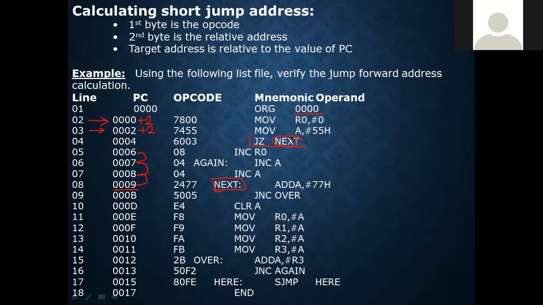So in the program, that will be written as JZ next, and here in the output section, you can see this 03 is located. Okay, because of this one. Clear? Or any questions? Understood or not?